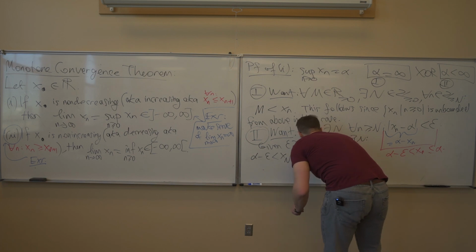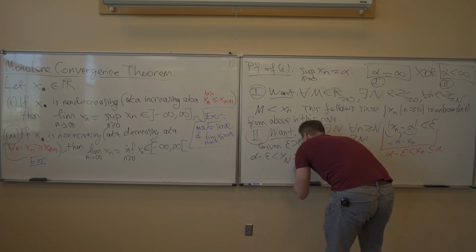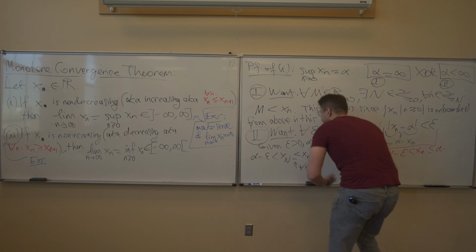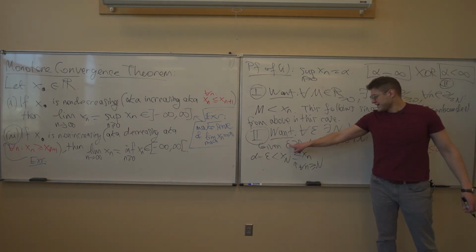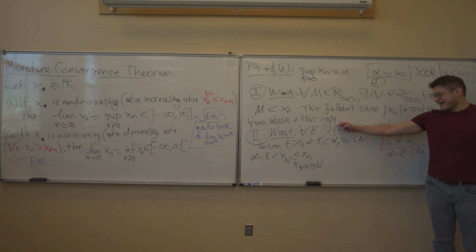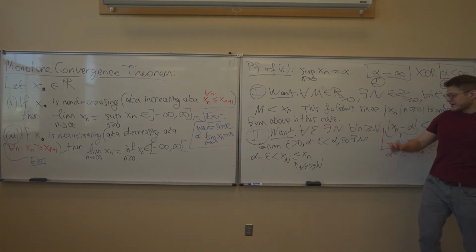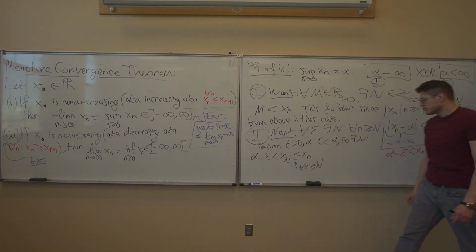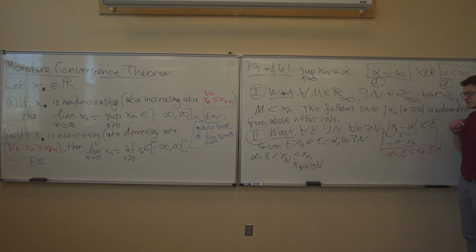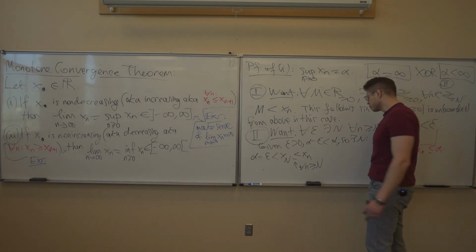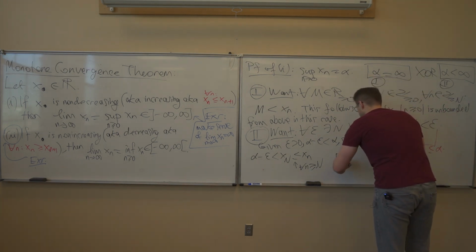So, in other words, I was able to get for any epsilon sometime n, capital N, such that after that time, all my x sub n's fit into this. That's literally the definition of x bullet converging to alpha.